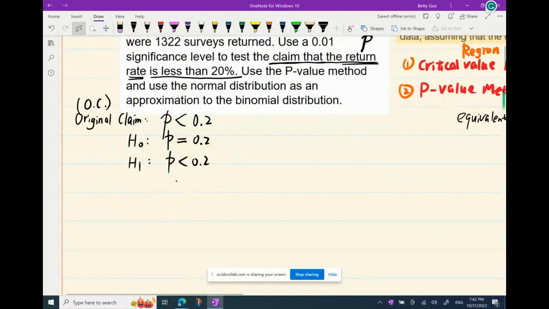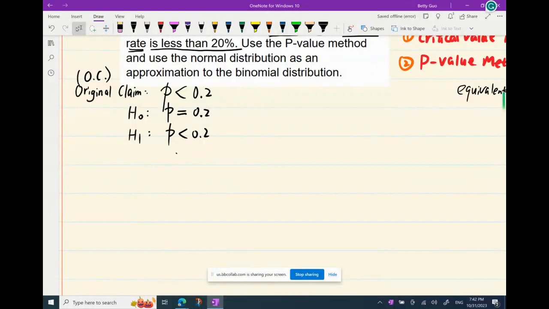After we have our two hypotheses, the next thing we do is determine what type of test we're going to apply. We look at the alternative hypothesis to determine if the test is a left tail, right tail, or double tail. Double tail we just call a two-tailed test.